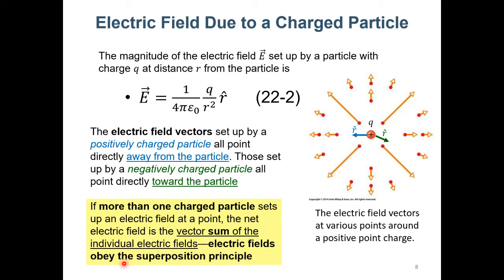The electric field obeys the superposition principle. It's just like what we have done in the previous chapter. If you want to calculate the electrostatic force on a charged particle from more than one charge, you calculate it one by one and then add them together.